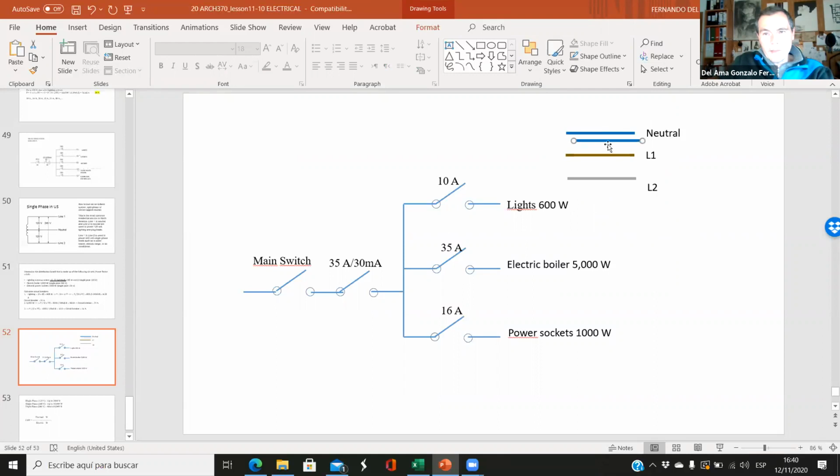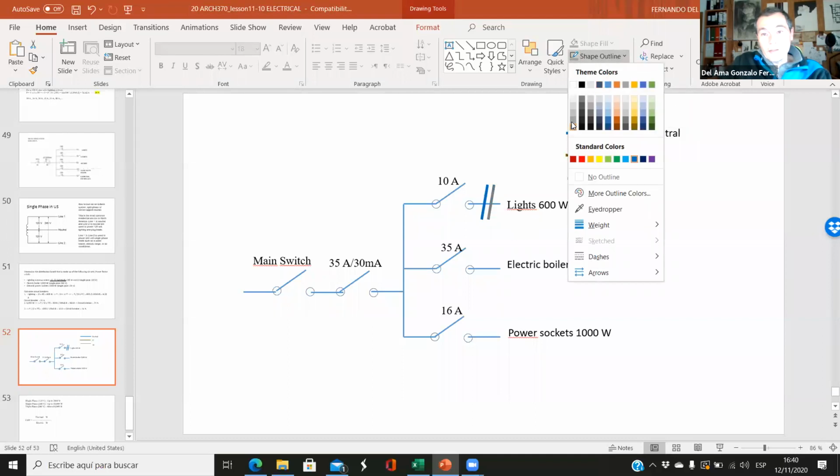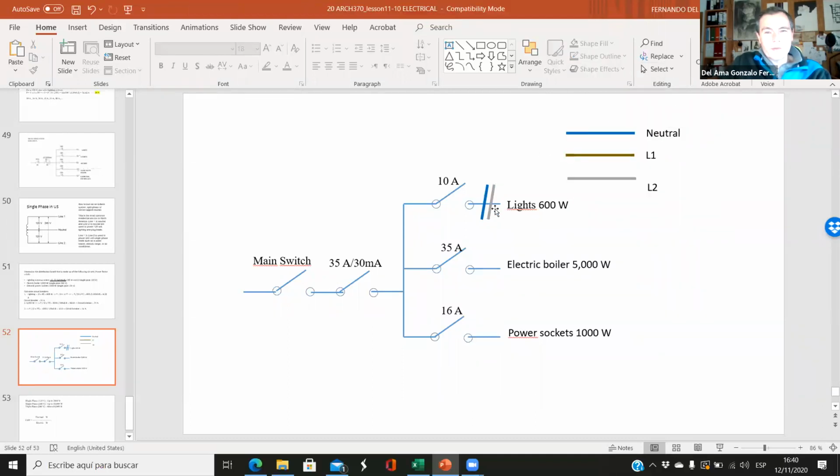If we have a single phase with 120, we can have two circuits here. So this is the neutral and line one, or line two. This is the neutral and line two as well. And the electric boiler, we can say is line one and line two.